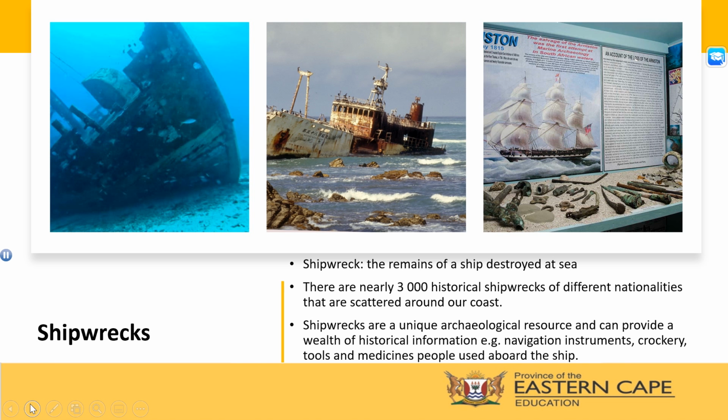Now, approximately 3,000 historical shipwrecks are located around our coast in South Africa. Each of these shipwrecks comes from a different nationality, and we are certainly not regarded as the Cape of Storms in the Western Cape for no reason, because a lot of these shipwrecks are located around the Western Cape area that is known as the Cape of Storms.